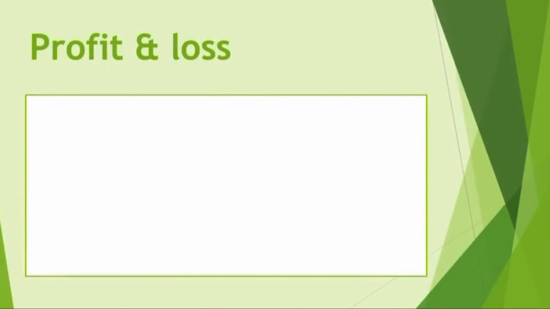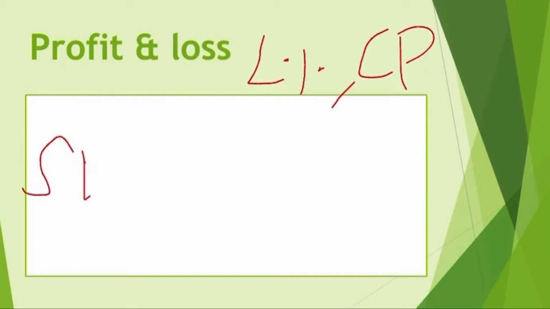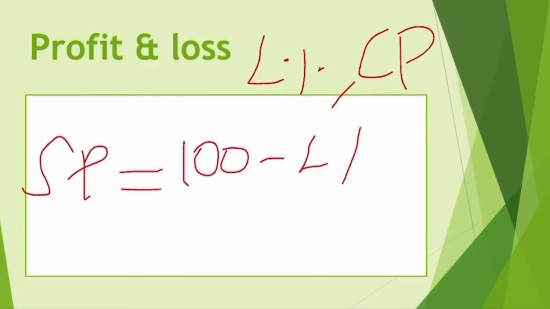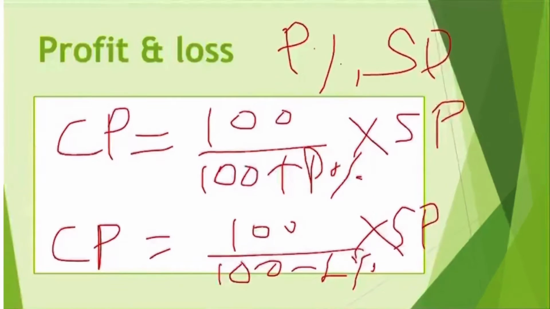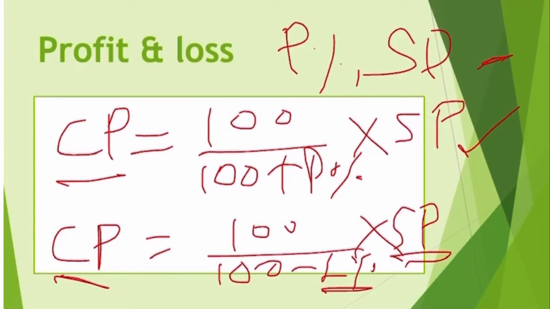Similarly, if the loss percentage and cost price are given, the formula will be selling price is equal to (100 minus loss percentage) divided by 100, into cost price. Similarly, if the profit percentage and selling price are given, to find the CP, we use the first formula. If the loss percentage and SP, that is the selling price, are given, we find the cost price using the second formula.